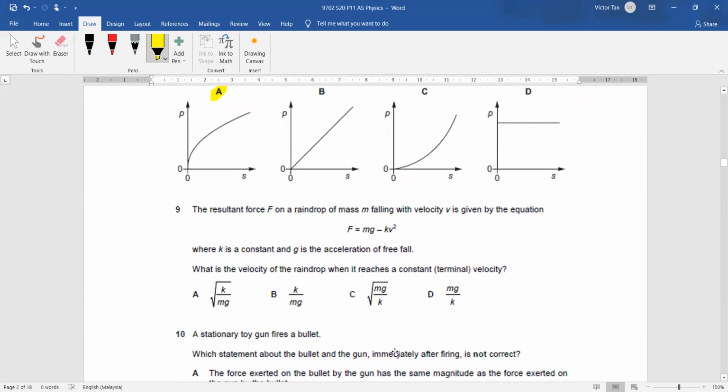The resultant force F on the raindrop of mass M falling with velocity V is given by the equation F equals mg minus kv square, where k is a constant and g is the acceleration of free fall. What is the velocity of the raindrop when it reaches a constant terminal velocity?